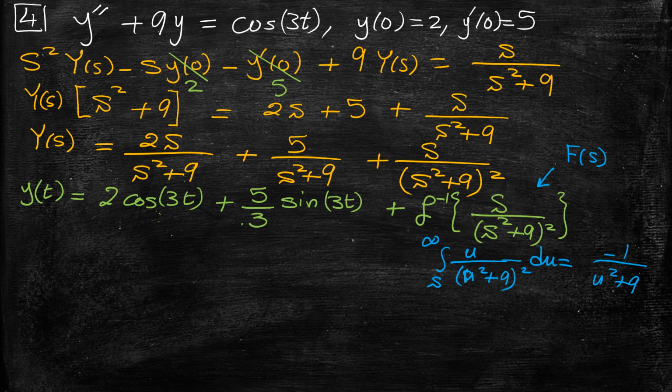And we have this derivative here, it has to be 2, so I will divide by 2. And substitute with s and infinity. Substituting with this one here, by infinity it will be 0. The other one will be 1 over 2 times s squared plus 9.